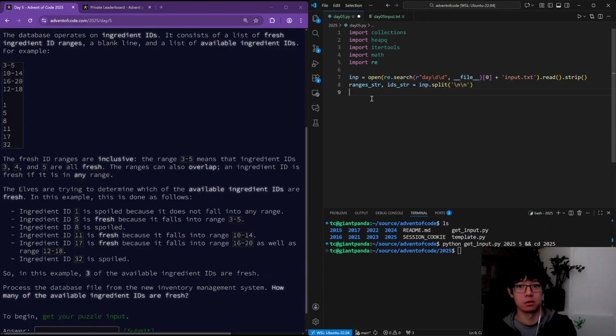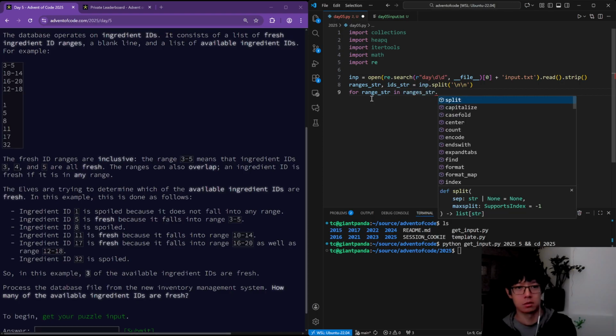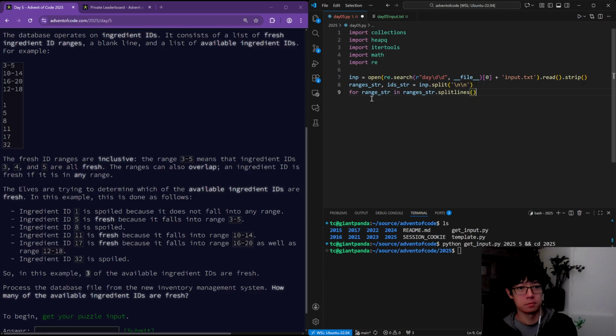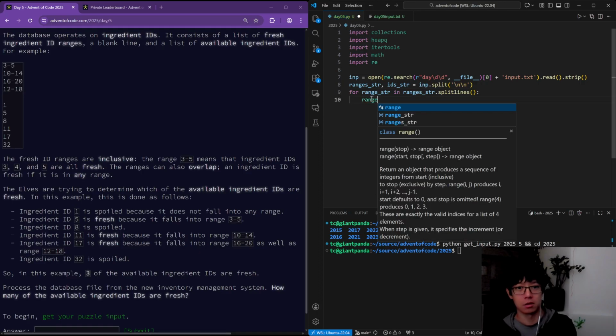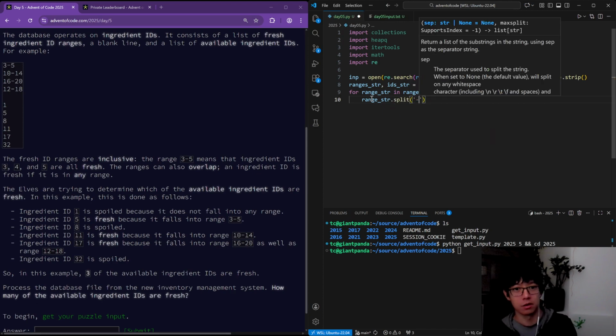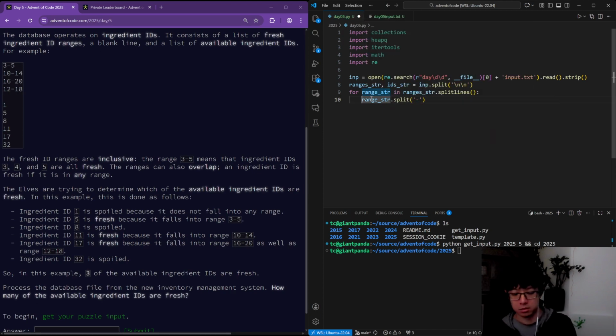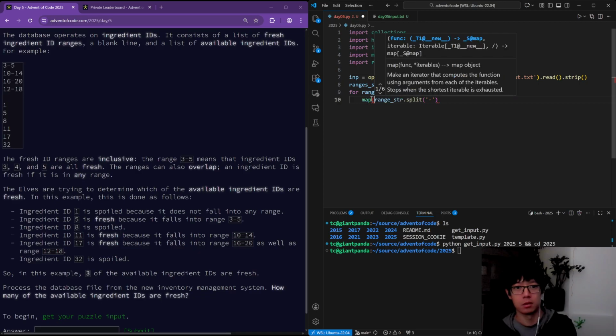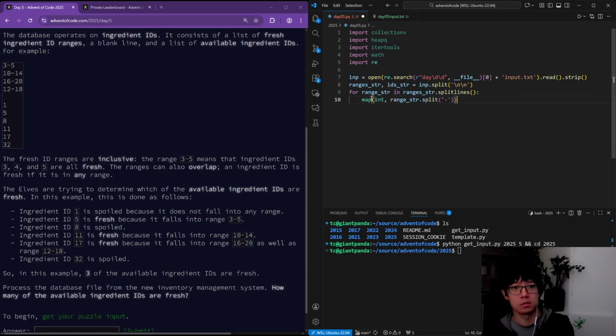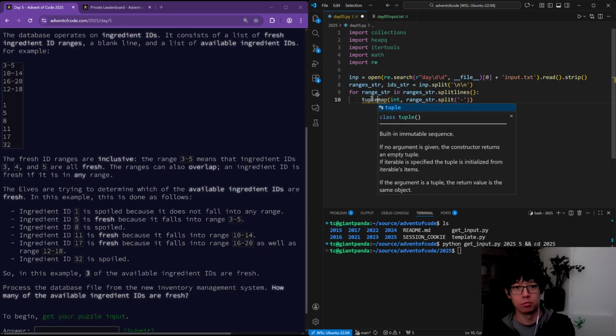Let's see. Now we can split into lines. Split it on the new line, and then we map int to it. Now we make it a tuple.